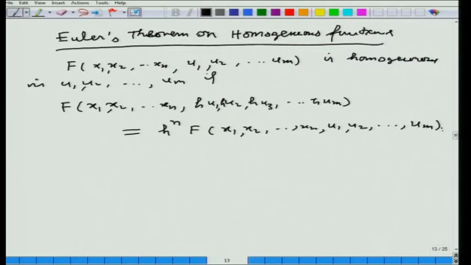So this function f is homogeneous in these variables if h comes out with power n here.